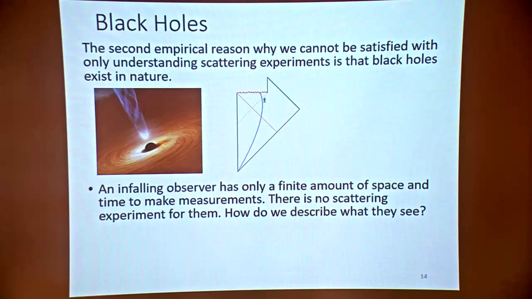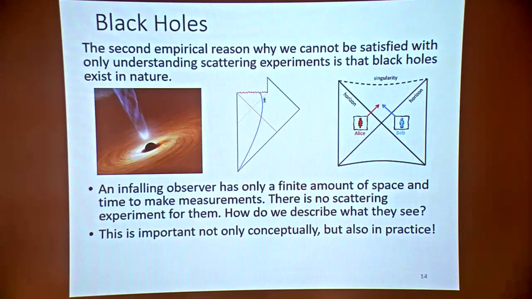And I want to say that this is not a conceptual problem only. This is also a practical problem, at least for Alice and Bob, who live in perhaps very distant galaxies. And the only way for them to meet in their lifetime is for them to both jump into a nearby black hole that are connected by a wormhole.